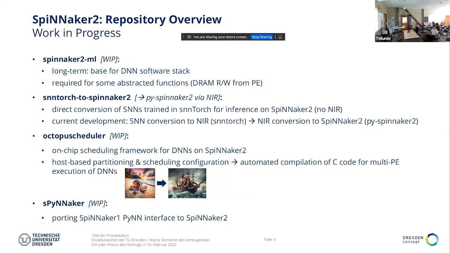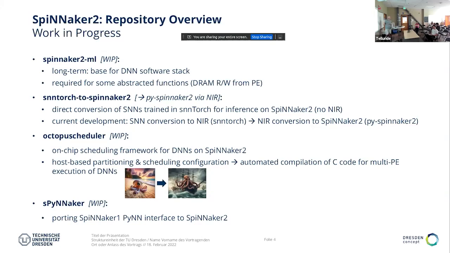Then there are a couple of repositories that are currently being worked on. So you will get a little overview here of what we are working on at the moment. There's Spinnaker 2ML. That's the long-term baseline for the DNN software stack. So there are already a couple of functions integrated, but there will be more functions integrated, and it will serve also as a base for the scheduling.